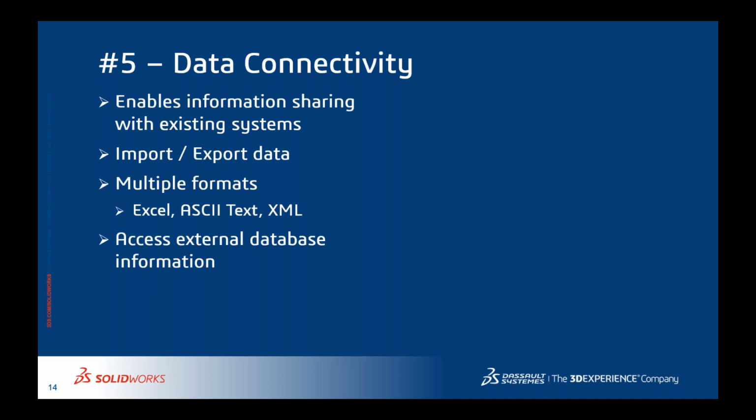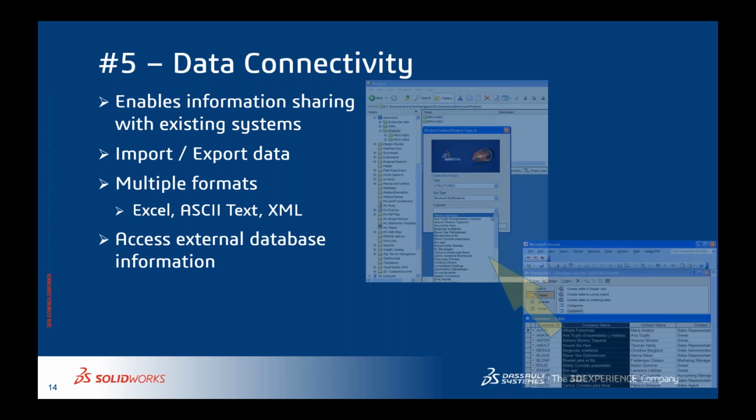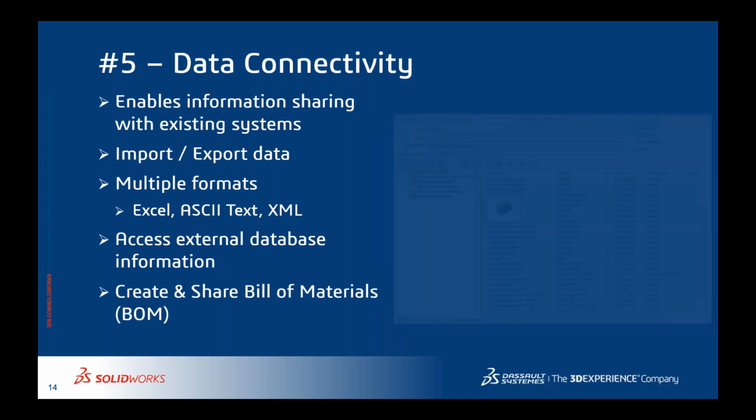And PDM provides this great platform that allows us to export that information in a neutral format like an XML file or Excel or text and be read into another business system, to help facilitate getting that bill of material entered more quickly. The other nice thing though is we can pull information.